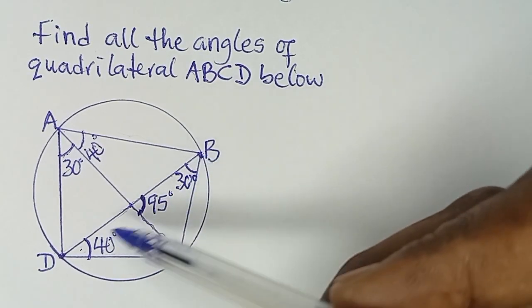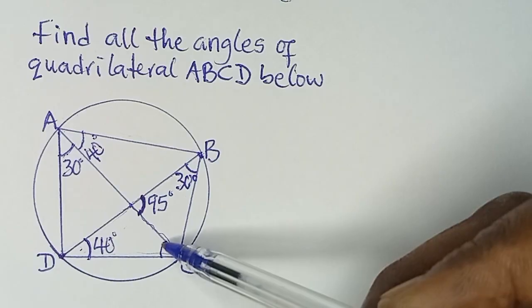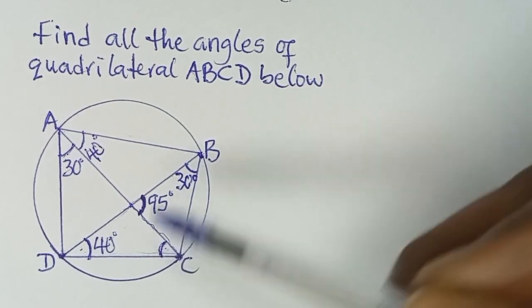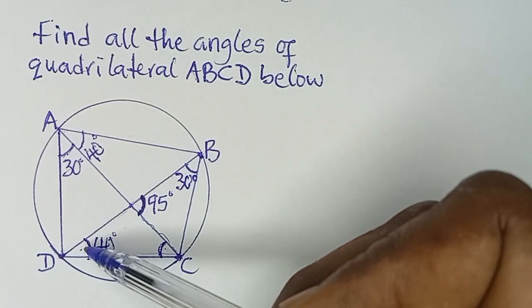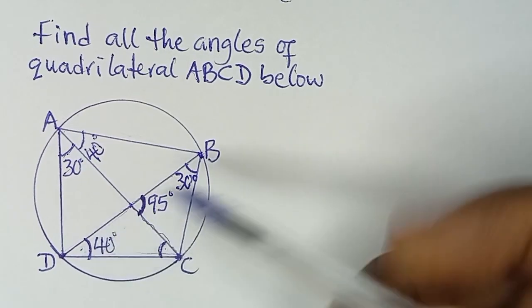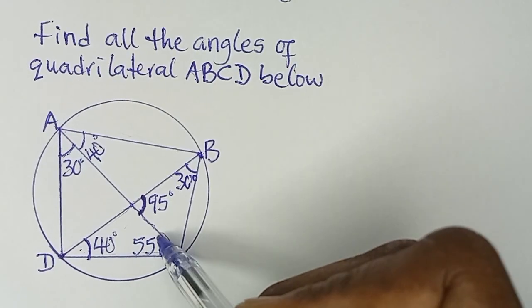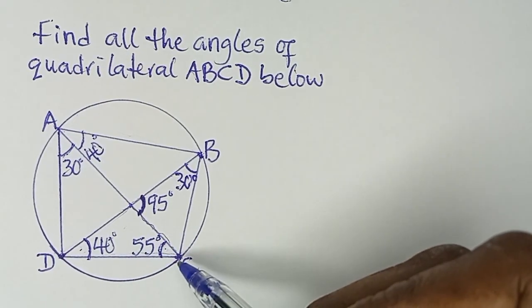So to get this angle, we have to say 95 minus 40 degrees, and that will give us this angle as 55 degrees.